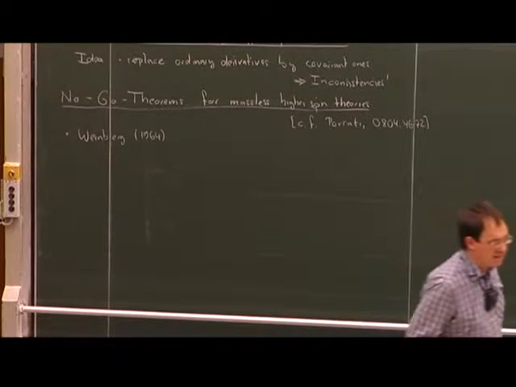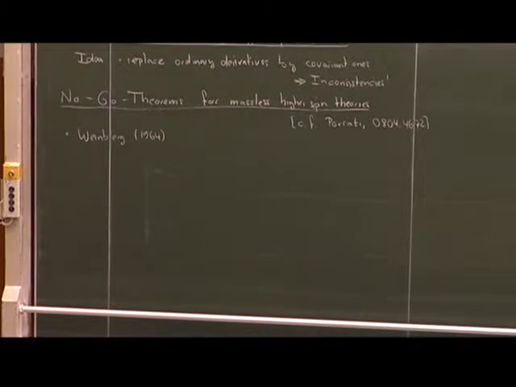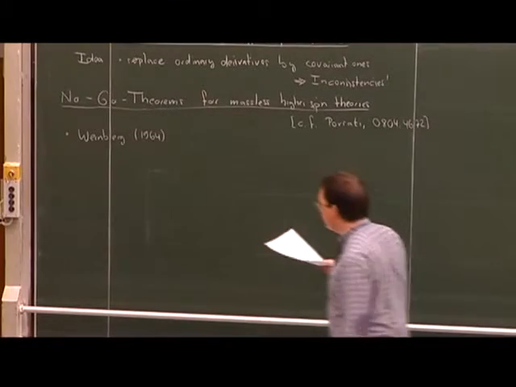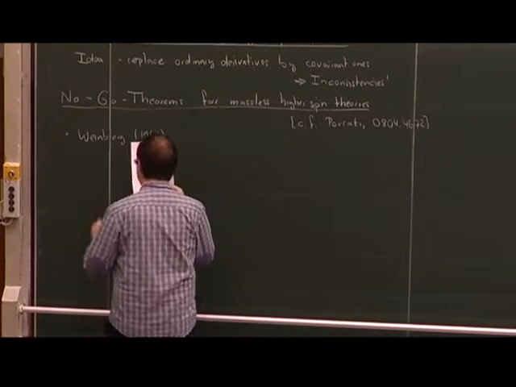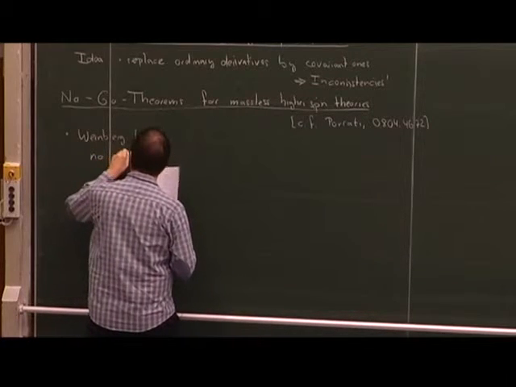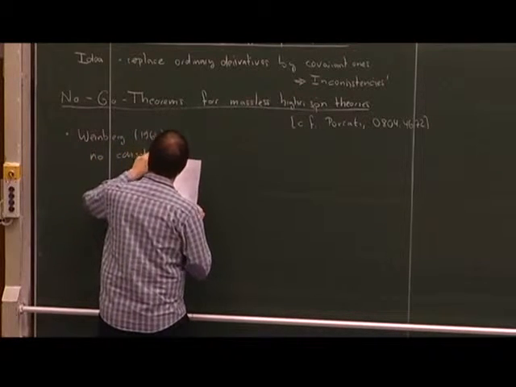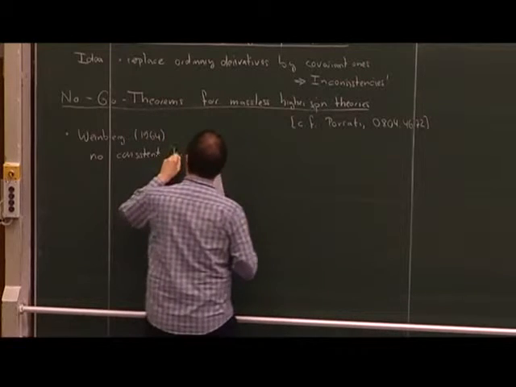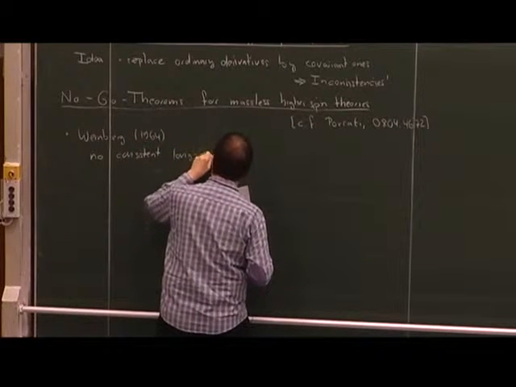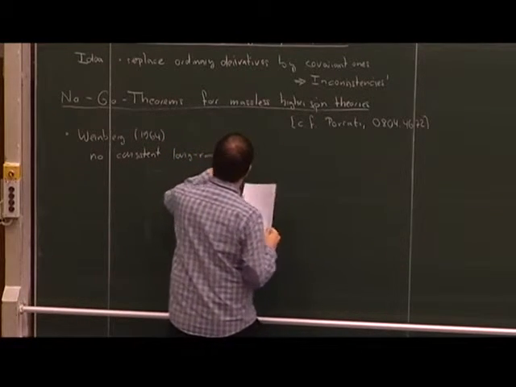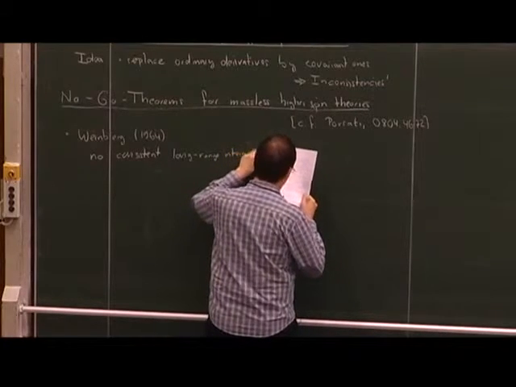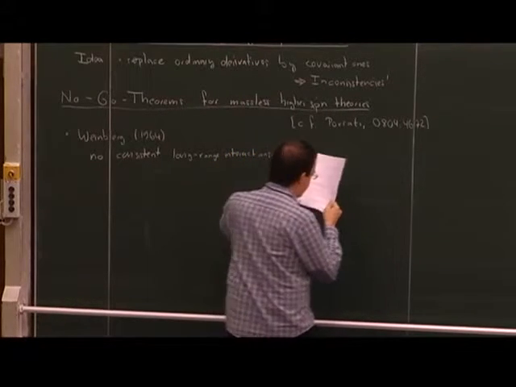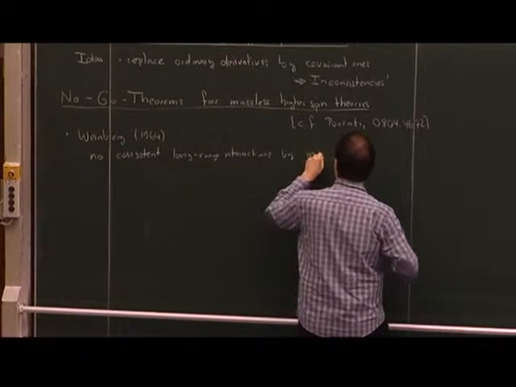So he looked at S-matrix elements in certain soft limit and realized that there are no consistent long-range interactions by massless bosons with spin larger than 2.